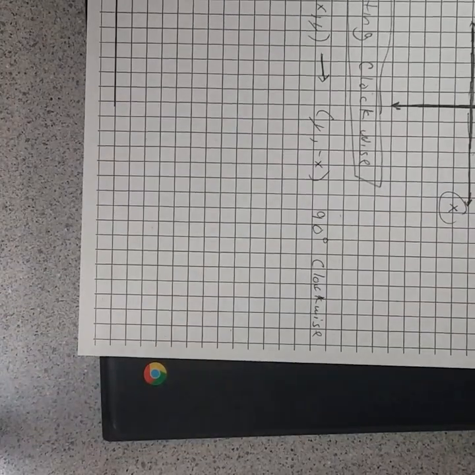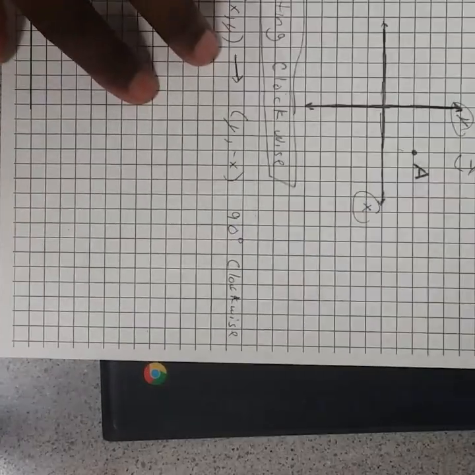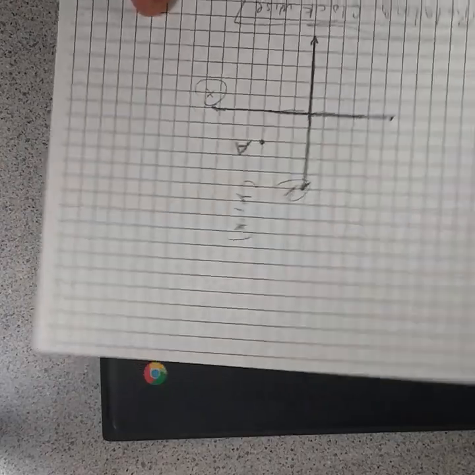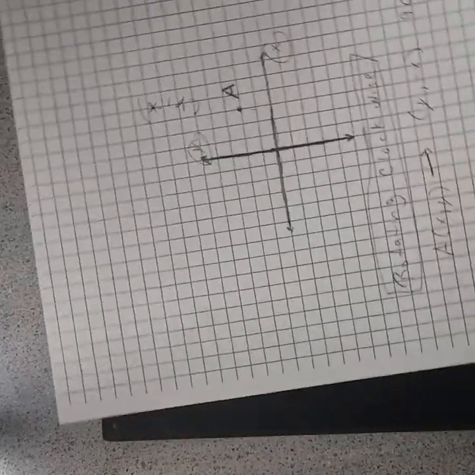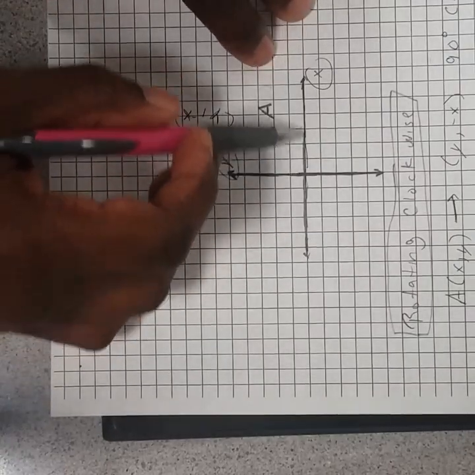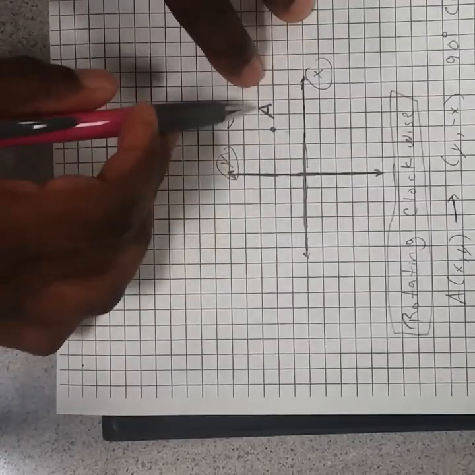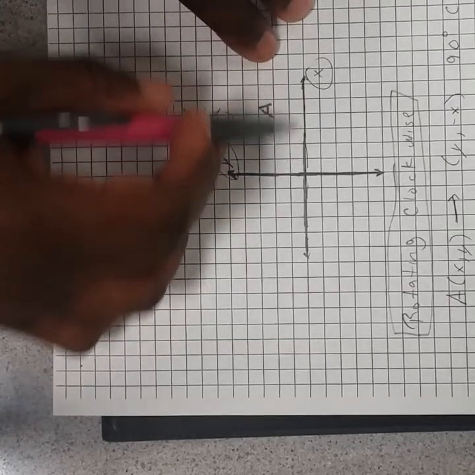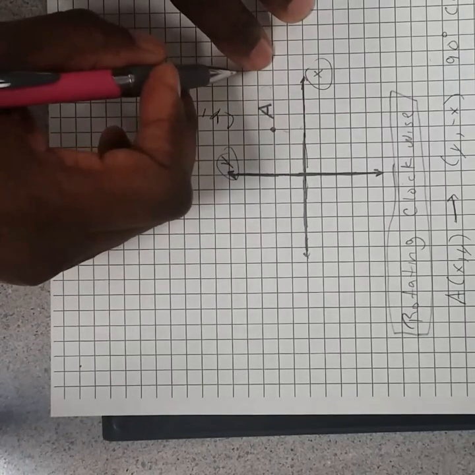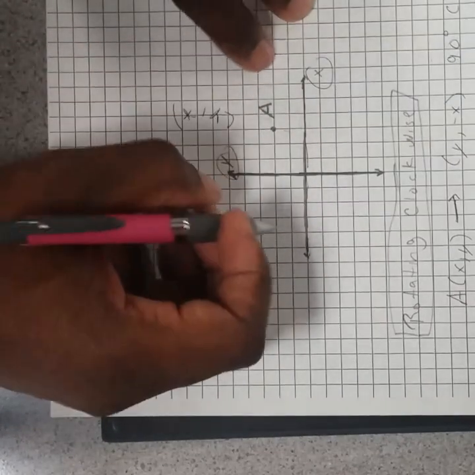Y, negative X. So if I turn, instead of being 90 degrees, I turn it twice. So I turn it once, that's 90 degrees. If I turn the second time, that's 180 degrees, right? So you're looking at this coordinate here. This is now the X direction, and this is now the Y direction. So the horizontal axis is X again, and that's the negative side of X. If you notice, that's the negative side because it's to the left of the origin.